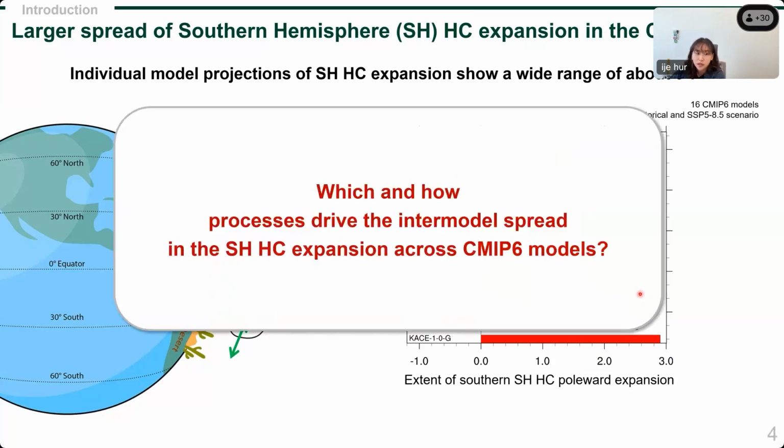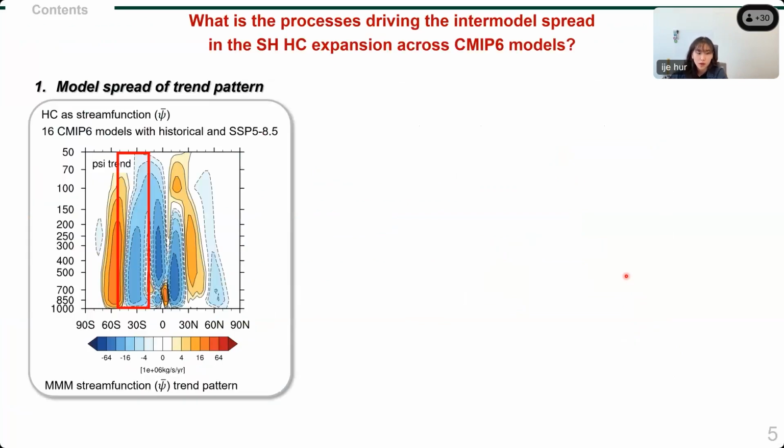So in this study, we want to find which process drives the intermodal spread in the Southern Hemisphere Hadley circulation expansion across the CMIP6 models. First, we define the Hadley circulation with the zonal mean stream function using historical and SSP5 scenarios, and compare the trend pattern of each model to find the certain pattern that explains the overexpansion.